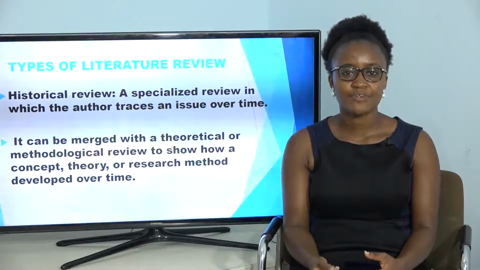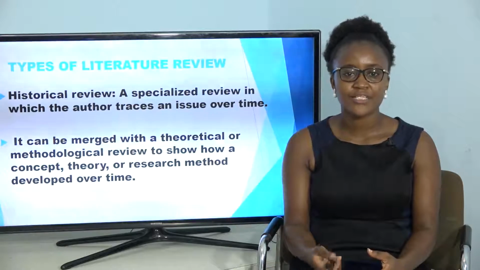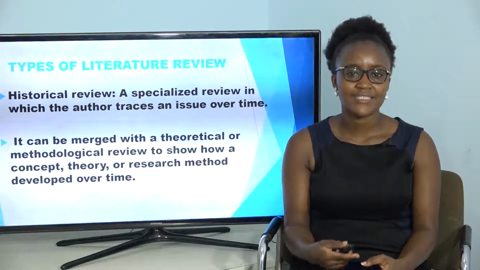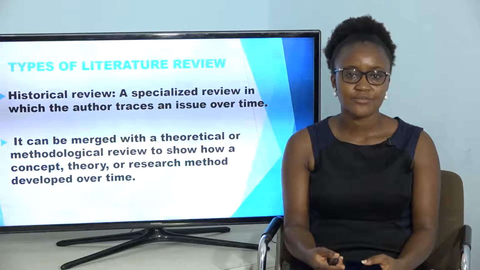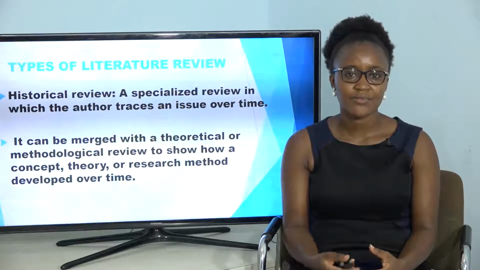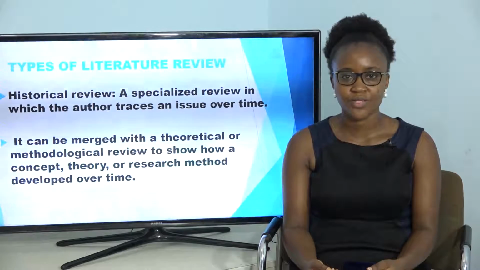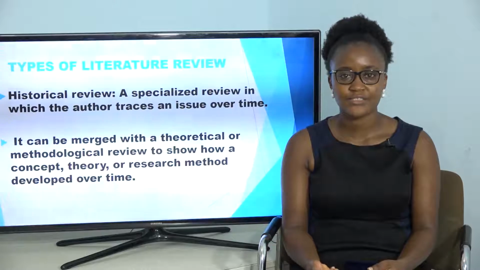So I can do a retrospective literature review on drug abuse and trace how it has emerged over time, to show the concepts, the theories that have come out of studying drug abuse, and the research methods that have developed over time. And this all has to do with historical review. So it's a specialized review in which the author traces an issue over time.